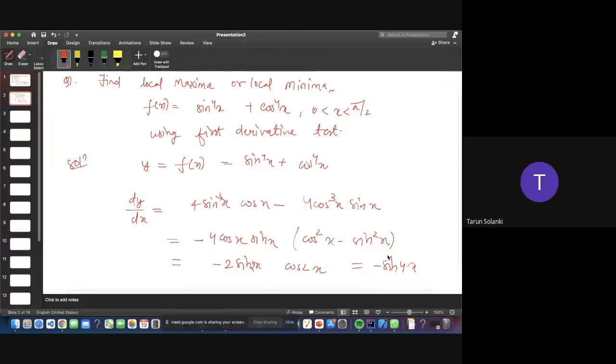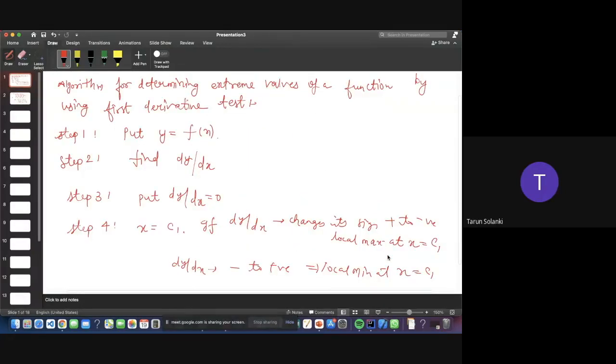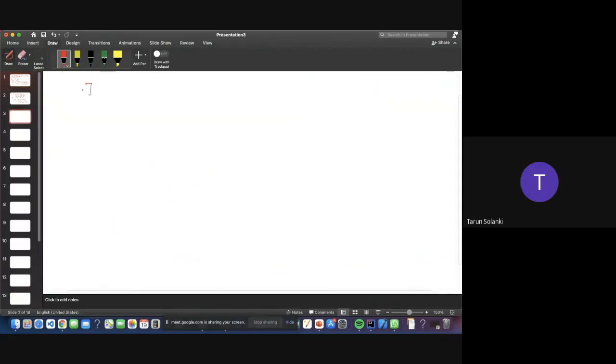So for a local maximum or for a local minimum, we have dy by dx equals 0.